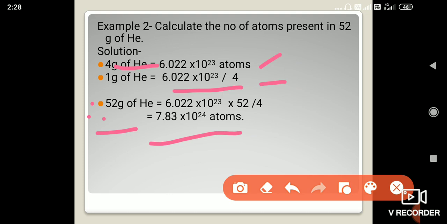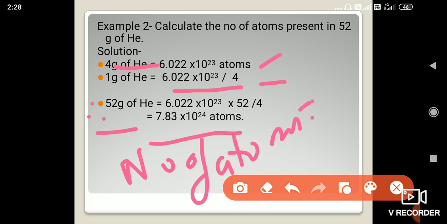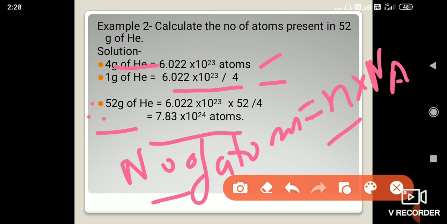So, in the simplest way, to calculate the number of atoms, it is equal to the number of moles into the Avogadro number. Avogadro number is represented by capital N with subscript capital A. So the number of atoms equals the number of moles, which is 52 upon 4, because 52 is the given mass and the molar mass is 4, into the Avogadro number, that is 6.022 into 10 to the power 23.